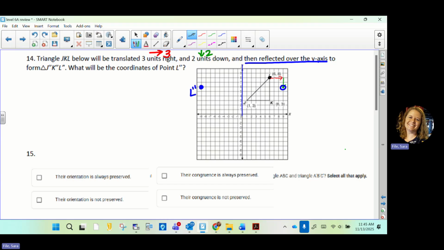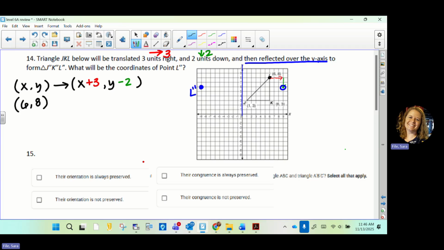Okay, you could also do this in the more algebraic approach where you could write your rule. You could say, okay, (x, y) will become what? Based on the translation, right 3, so you're adding 3 to x, down 2 means you're subtracting 2 from y. So you could do this with your original point L, which is (6, 8).